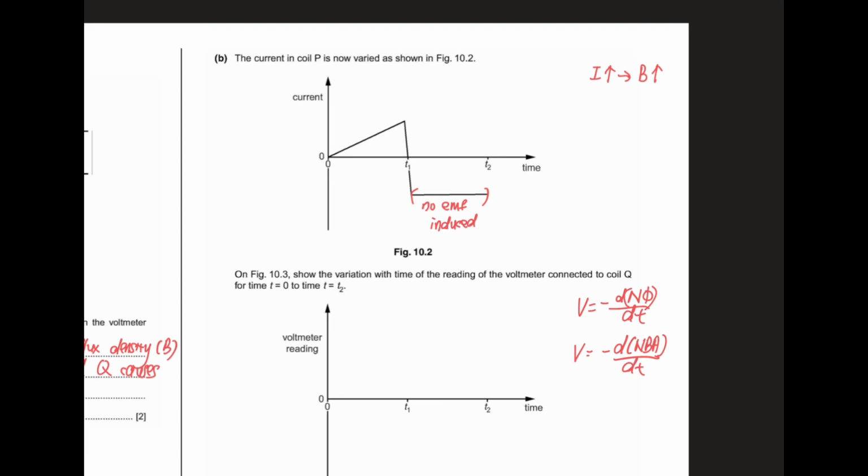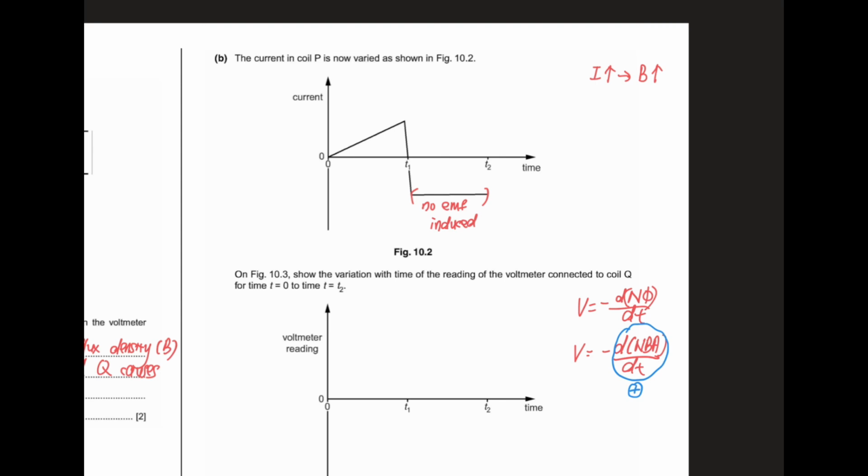So how? My suggestion, you remember it in this way. This is like differentiation, so you take it as gradient. So here to here, 0 to this point, is a positive gradient.